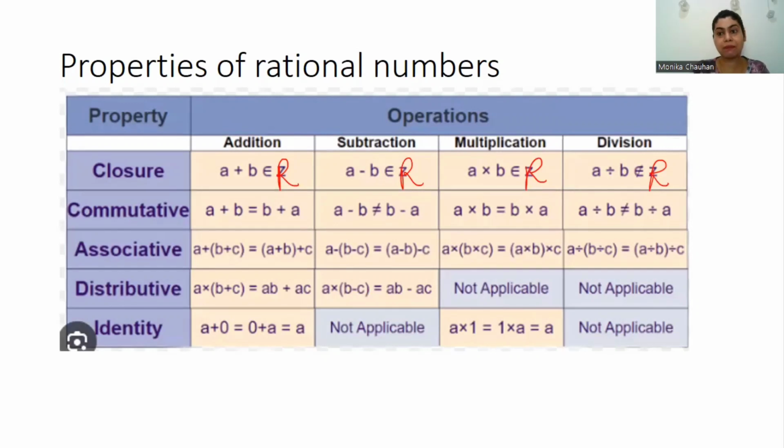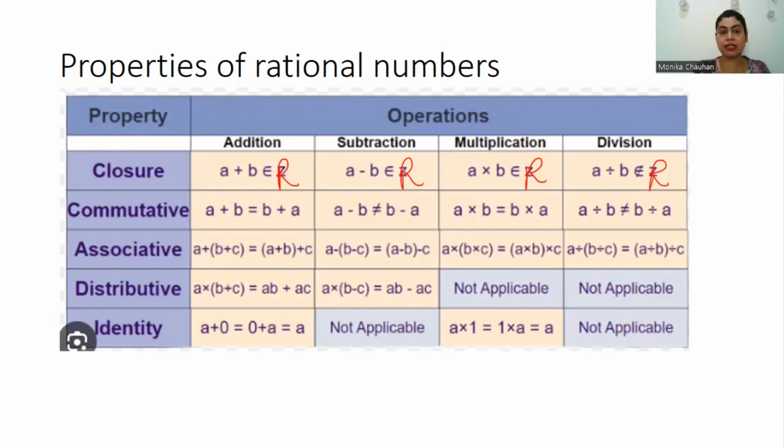Addition, plus; subtraction, minus; multiplication, into sign; and division sign, right? Now there are certain properties which we need to study, whether it follows them or not under these operations. So we will verify each one of them. So today just see it. I hope that you are writing also and making notes for that.